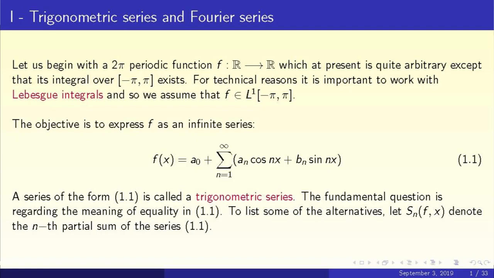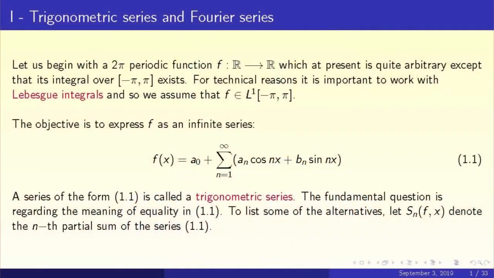Next thing is, when a series converges uniformly, term by term integration is permissible. So let us integrate both sides of 1.1 with respect to x from -π to π. What happens? On the left hand side you will get the integral of f(x) dx from -π to π. On the right hand side, you simply compute the term by term integrals. The integrals of cos nx and sin nx over -π to π become 0.